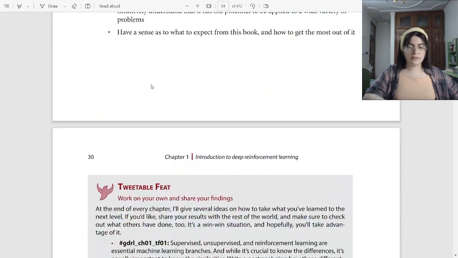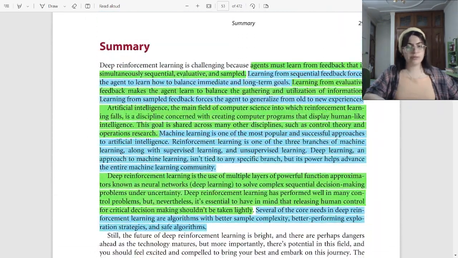And then we have a summary. Let's just go with the summary. It mentions that DRL is challenging because agents must learn from feedback that is simultaneously sequential, evaluative, and sampled, as we talked about. Learning from sequential feedback forces the agent to learn how to balance immediate and long-term goals.